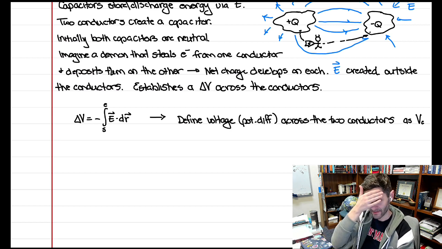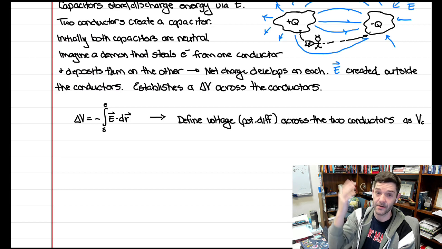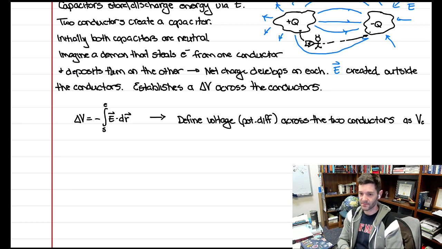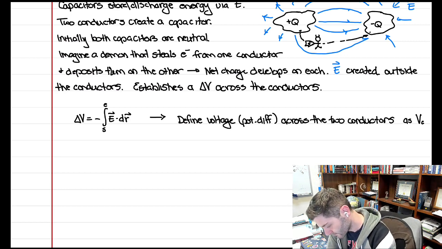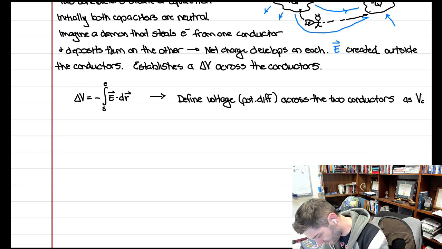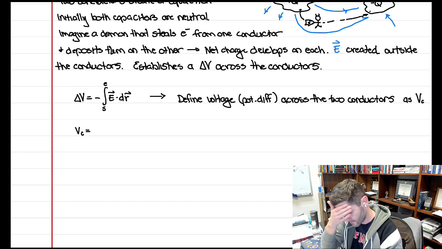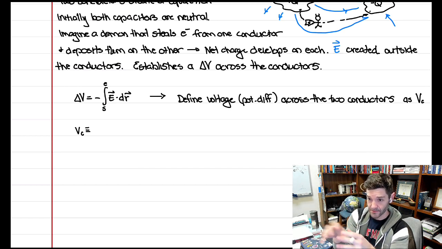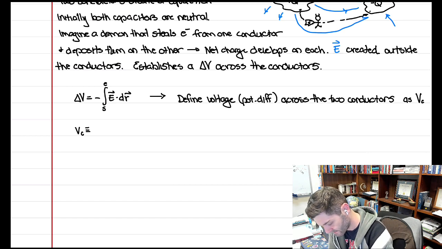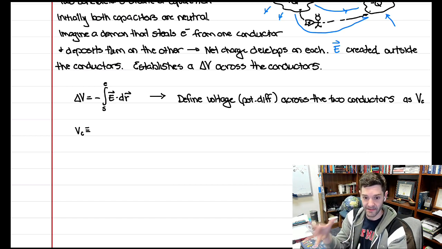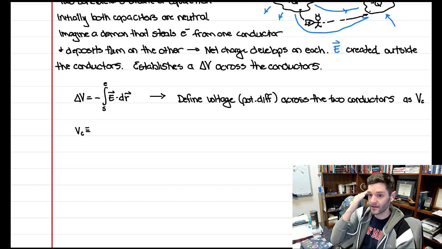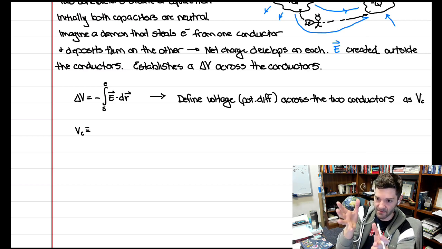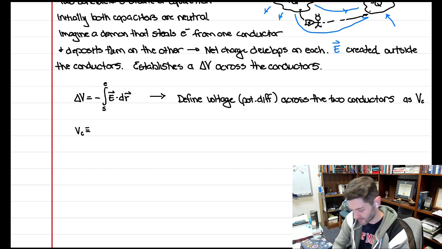Then the positive conductor, which has a higher potential, has a value V sub C. So V sub C is the potential difference across the two conductors, or across this capacitor. We will take this to be a positive number. So you can think of it as the voltage of the positive conductor relative to the negative conductor.